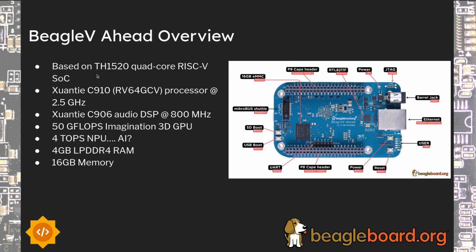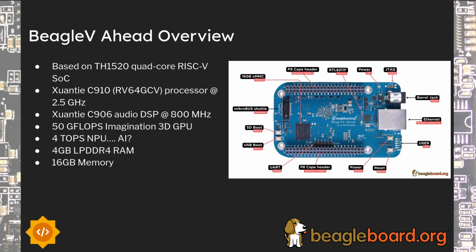A little bit about our board. So BeagleV Ahead is based on the Alibaba T-Head TH1520 quad core SoC. It is using the XuanTie C910 cores and C906 for the audio DSP. It has 5 GFLOPS of Imagination GPU and 4 TOPS of NPU.